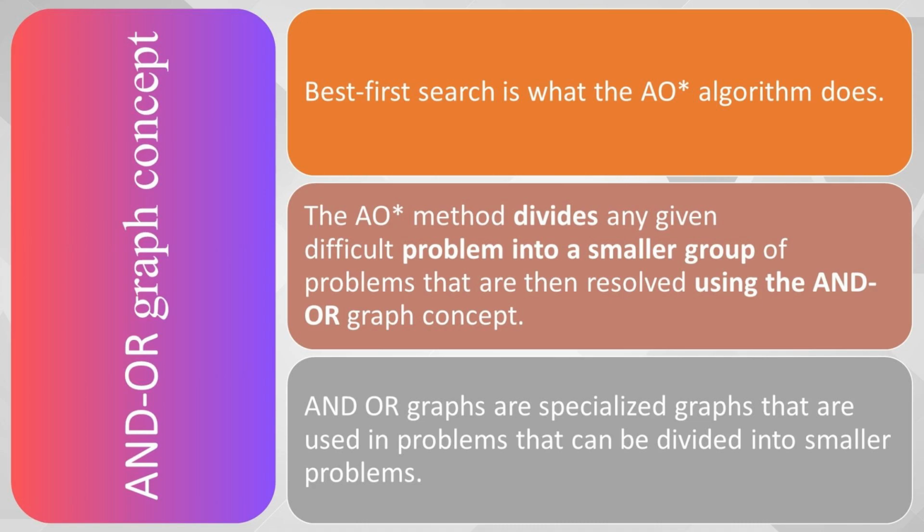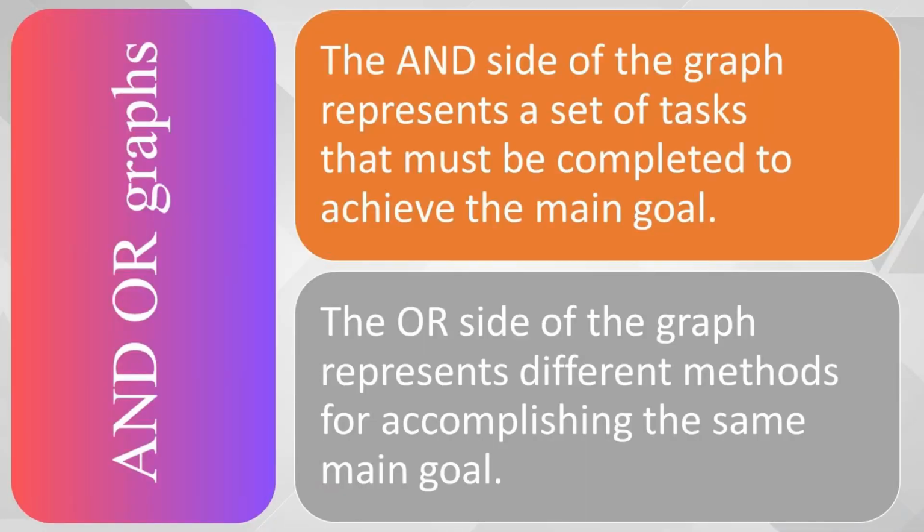AND OR graphs are specialized graphs that are used in problems that can be divided into smaller problems, where the AND side of the graph represents a set of tasks that must be completed to achieve the main goal, while the OR side of the graph represents different methods for accomplishing the same main goal.